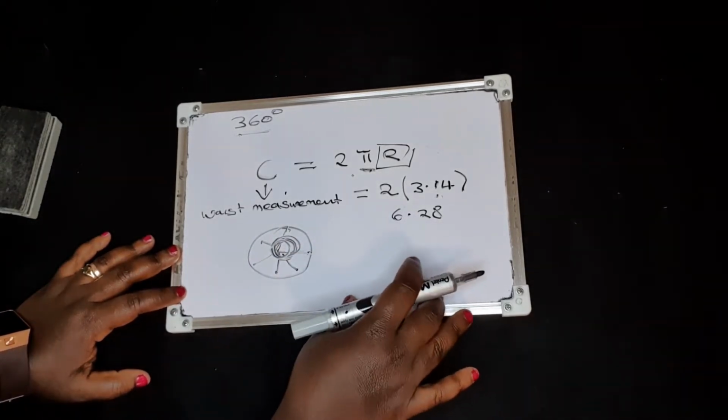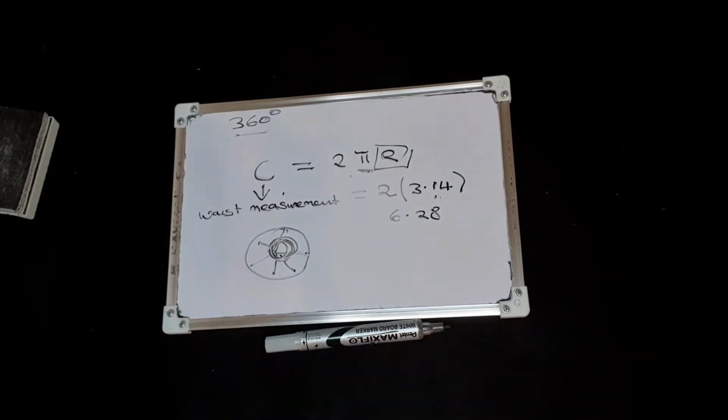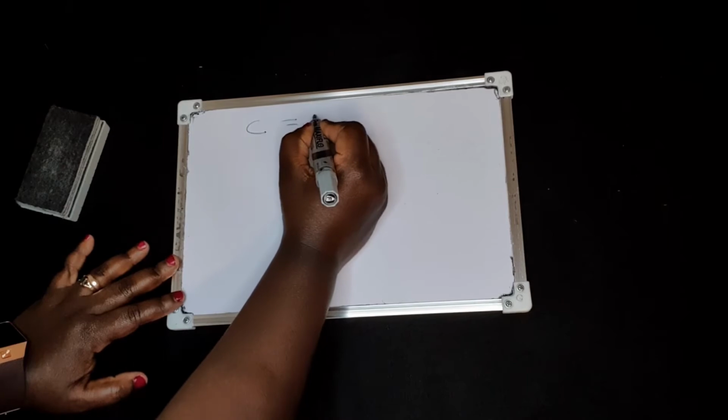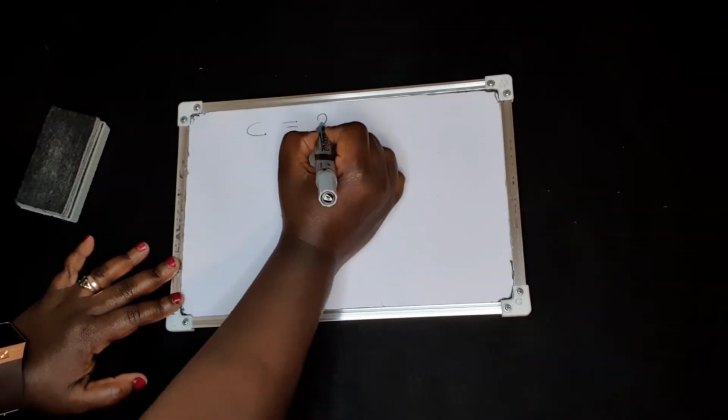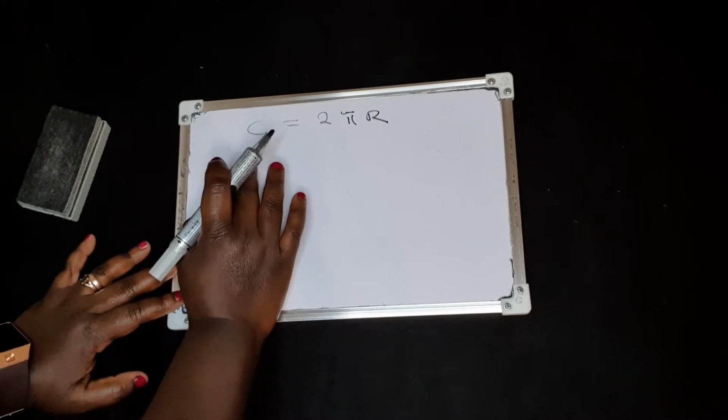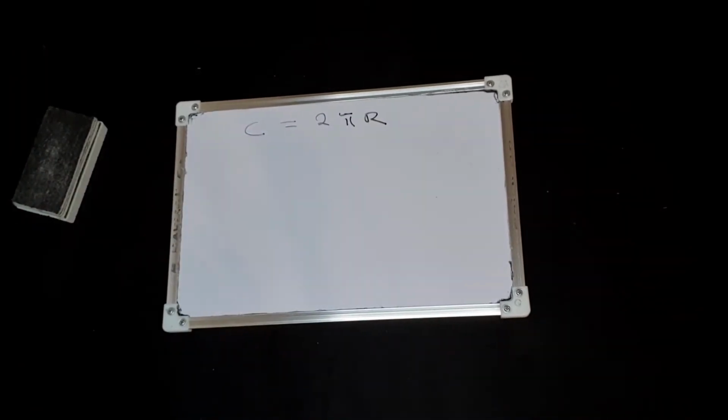Having said that, we write down our formula, which is C equals 2 pi r, where r is your waist radius, and C is your waist measurement, the measurement that you get after you've measured the person.